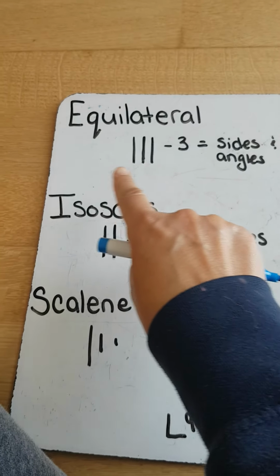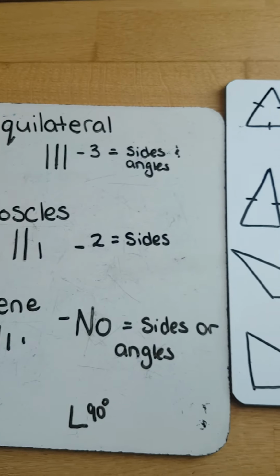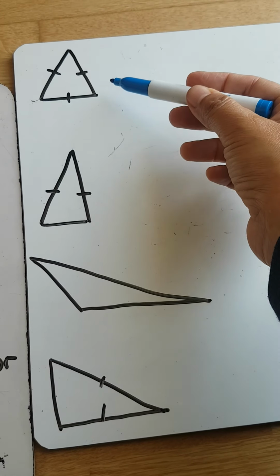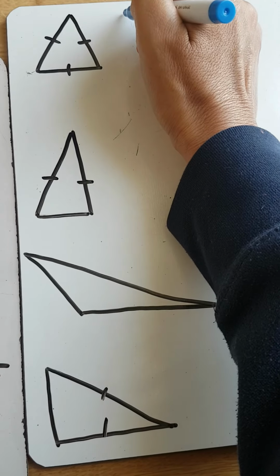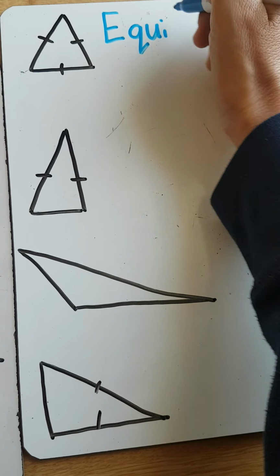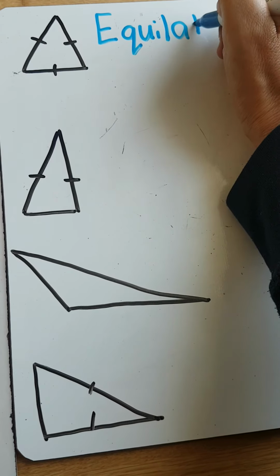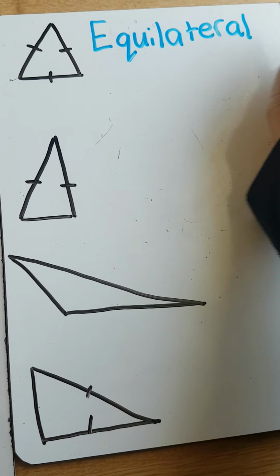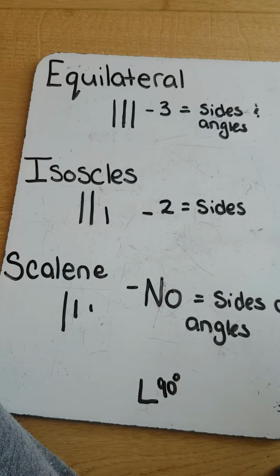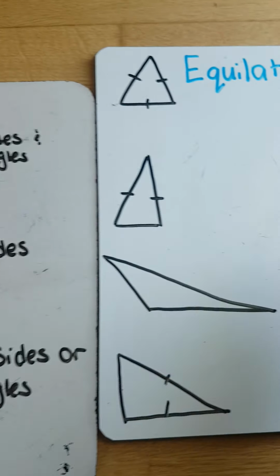All right, so equilateral, 3 equal sides and angles. I hope you're seeing that that one's my equal one. So this is my equilateral. Next, it has 2 equal sides. That means it's isosceles.